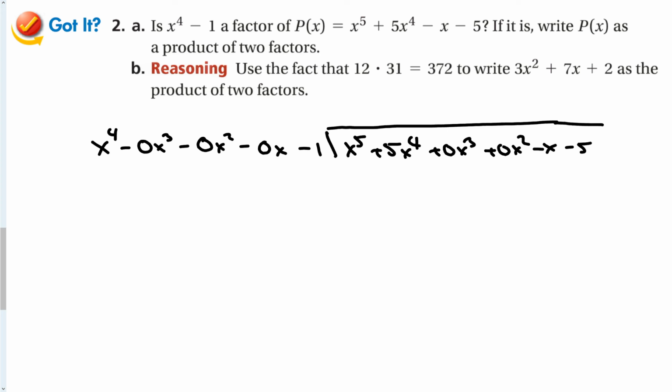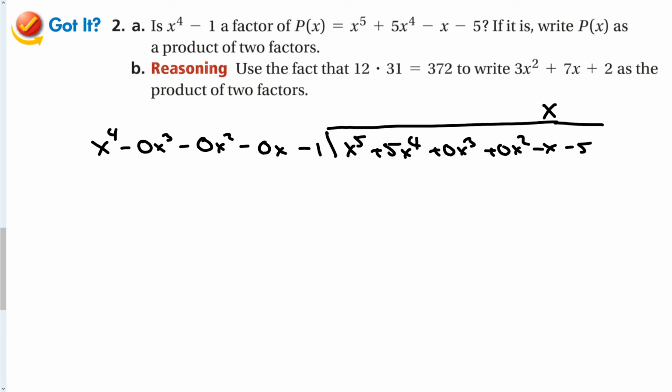This seems like it is long and crazy, but we can cut a lot of stuff off of this. Divide, because x to the fifth divided by x to the fourth is just x. So we're going to start right there. So we're only going to have to do this twice.